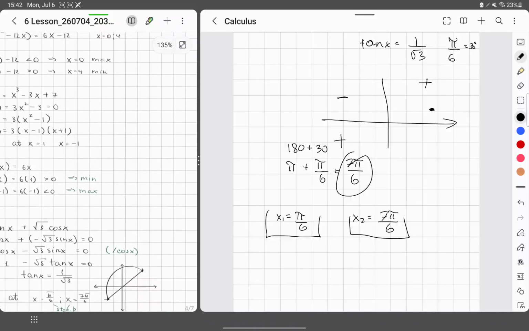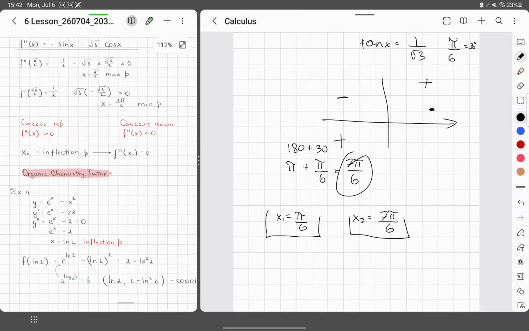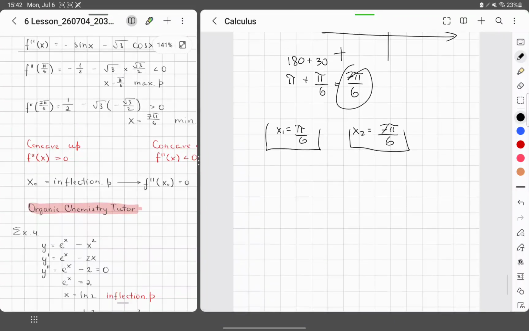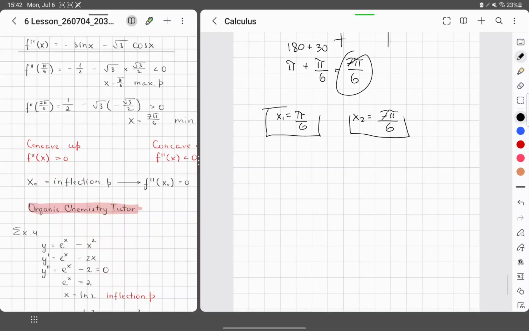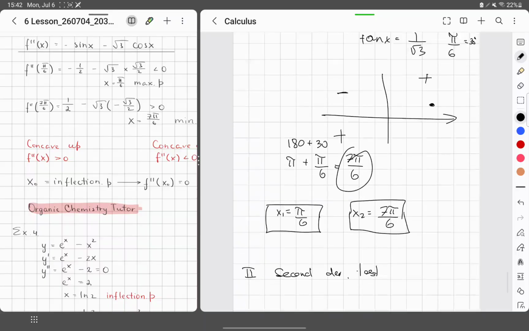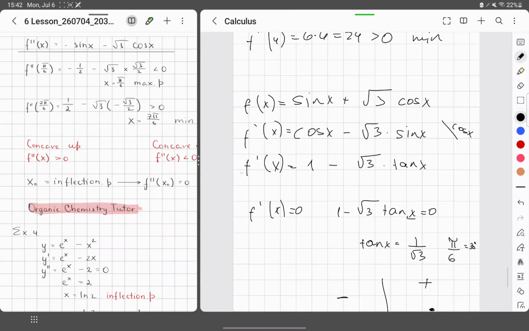So what is next? We want to check them. Okay, we found them, so let's do the second derivative test. We have 2 points, and the second derivative of this function is what?